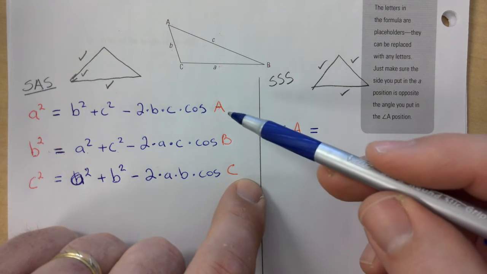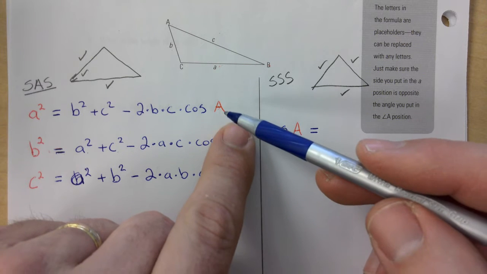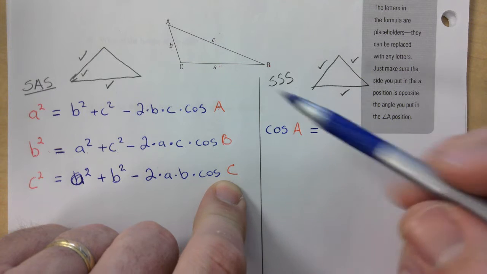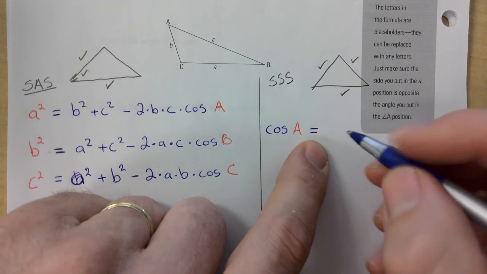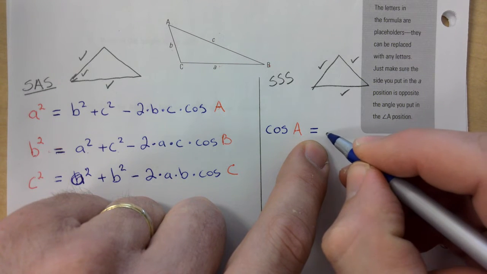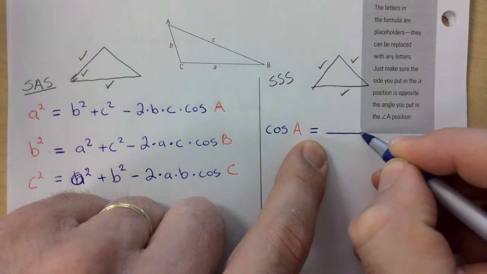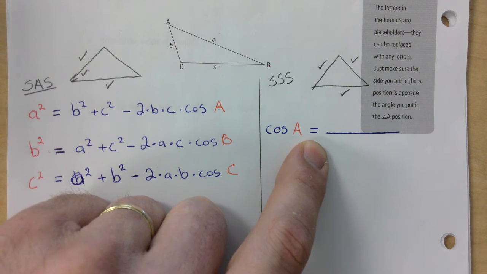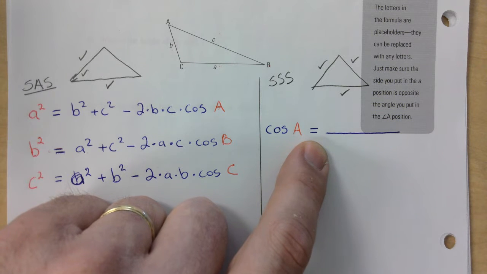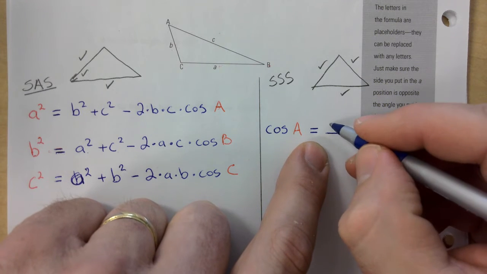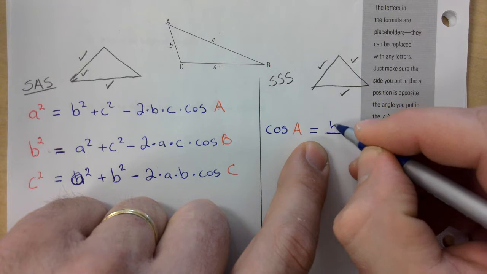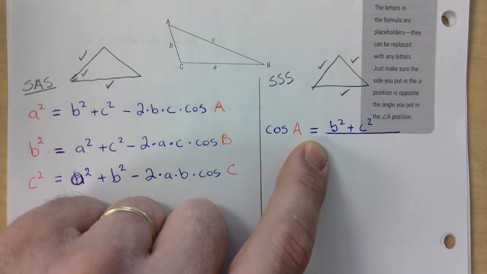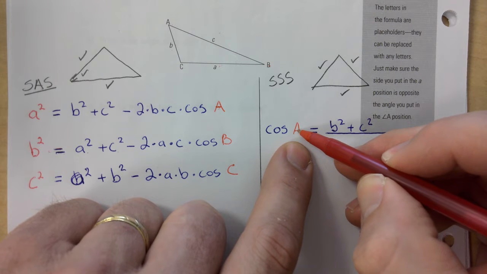But notice that in all formulas, there's only one angle showing up, right? In sine law, you could have more than one. So this is what I want you to do here. Draw a longer line like this, okay? And we're going to fill in the formula here. That's b squared plus c squared. And watch this. Angle A is here.